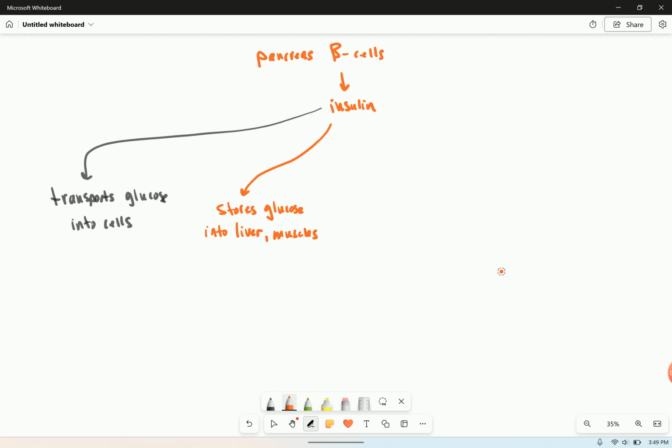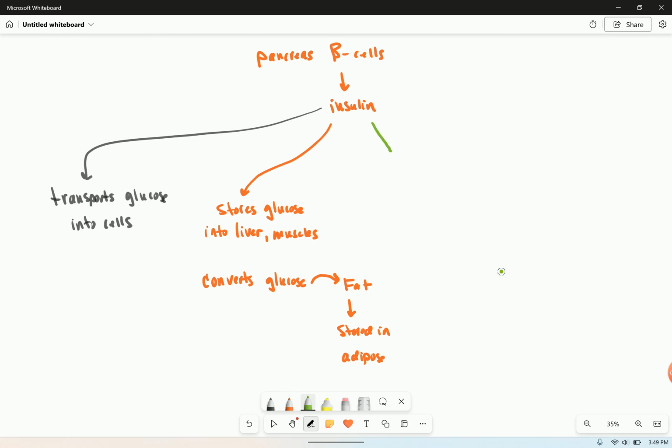And then it also converts glucose into fat, and that fat is stored in adipose tissue, or the fat cells. So yes, it is possible to eat carbs and gain fat weight.